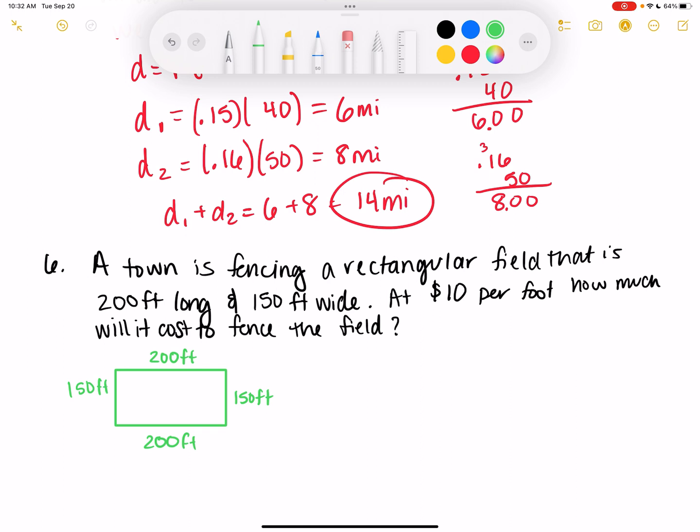So before I show you what they did, let's see what we do, and then let's compare to what they did, okay? So if I want to talk about a fence going around the outside, okay? So it's the perimeter. So the formula for perimeter of a rectangle is what? Do you remember what that is?